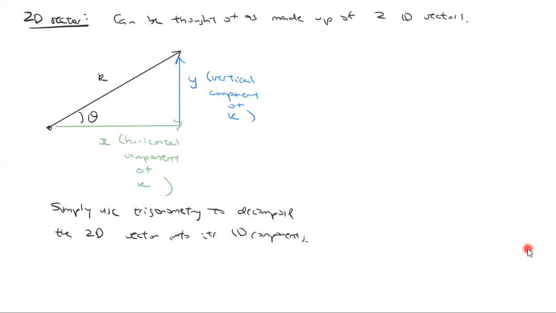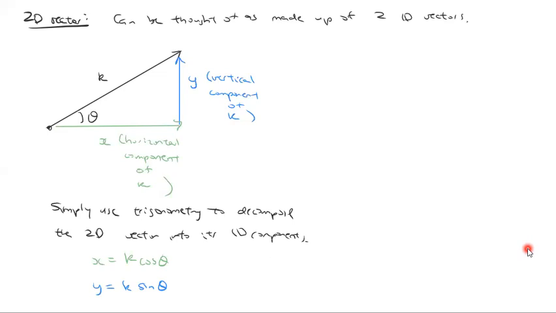And hopefully you can see that because it's a right angle triangle, x will equal k cosine theta, and y must equal k sine theta. Now we can actually also do the reverse.